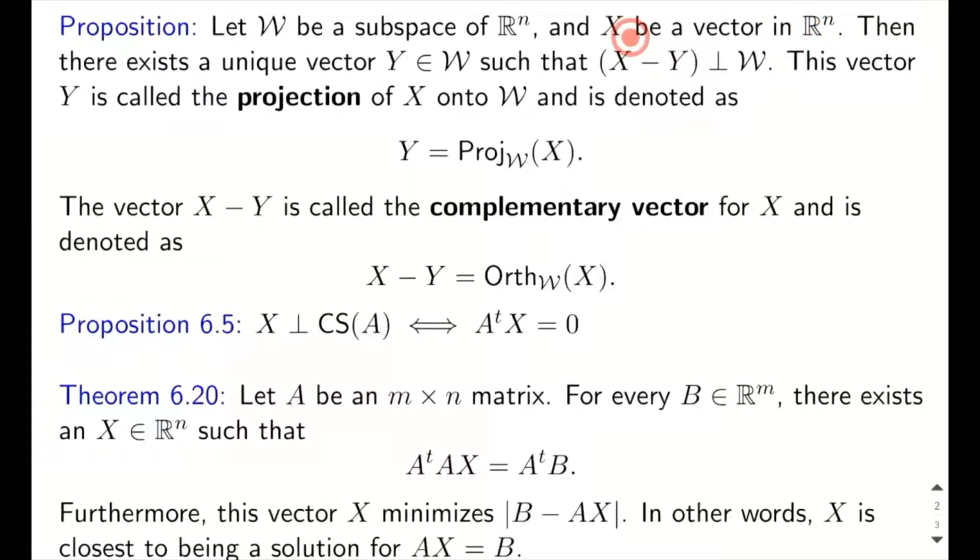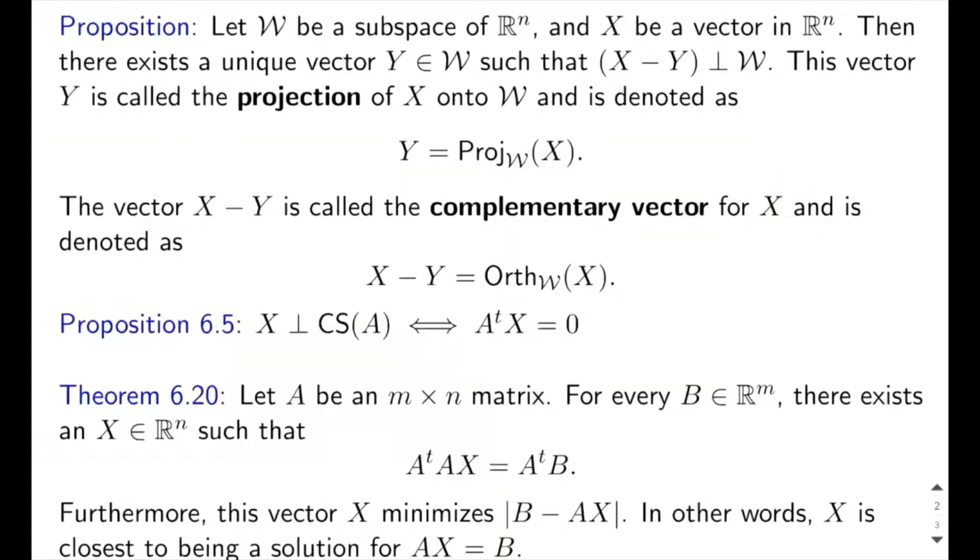This vector can be in W, or may well not be in W. Then there exists a unique vector y in W such that x minus y is perpendicular to W. This vector y is called the orthogonal projection of x onto W. The vector x minus y is called the complementary vector for x that is perpendicular to the whole W.